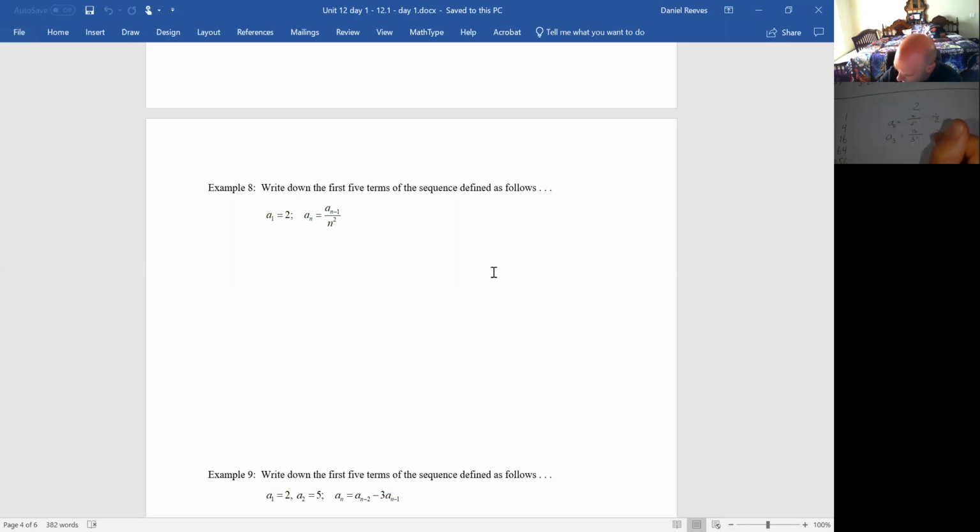That is 1/18. A sub 4 should equal 1/18 over 4 squared, and that is just a headache. Not too interested in doing that one or even the next one. Obviously, we can switch over to Excel, have it do it for us.